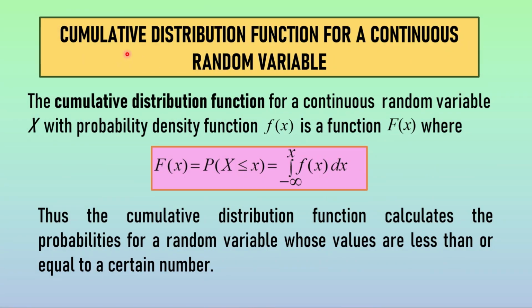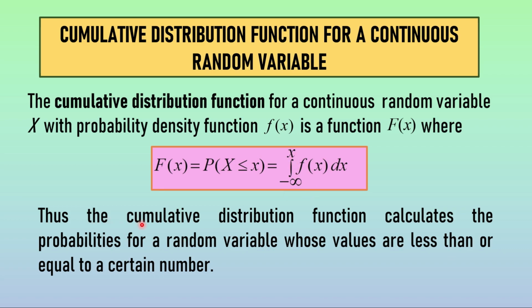We are going to discuss the cumulative distribution function for a continuous random variable. The cumulative distribution function for a continuous random variable X with probability density function f(x) is a function F(x), where the cumulative distribution function equals the probability of X less than or equal to x, which equals the integration of f(x) from negative infinity to x.